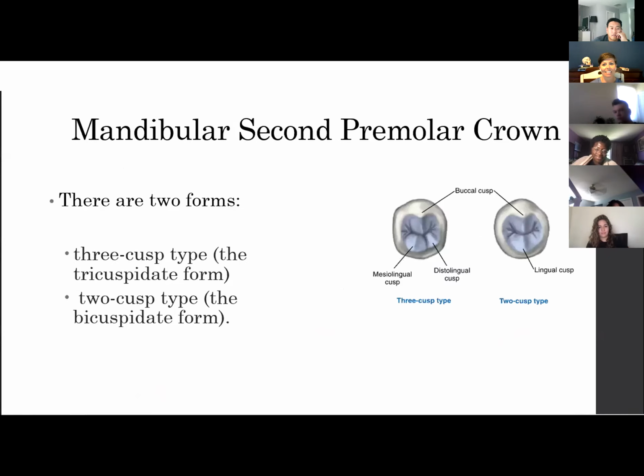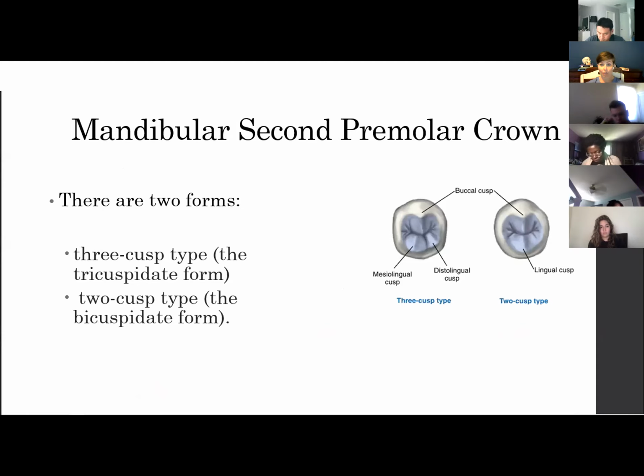All right, so the mandibular second premolar crown. There are two forms. So the maxillary first, the maxillary second, and the mandibular first all have one crown type. For the mandibular second premolars, there are two potential types.